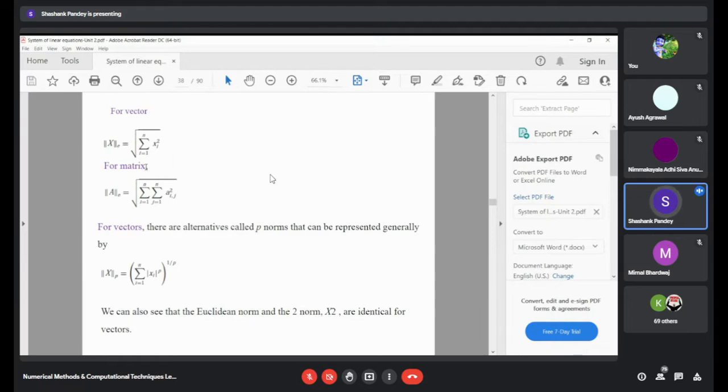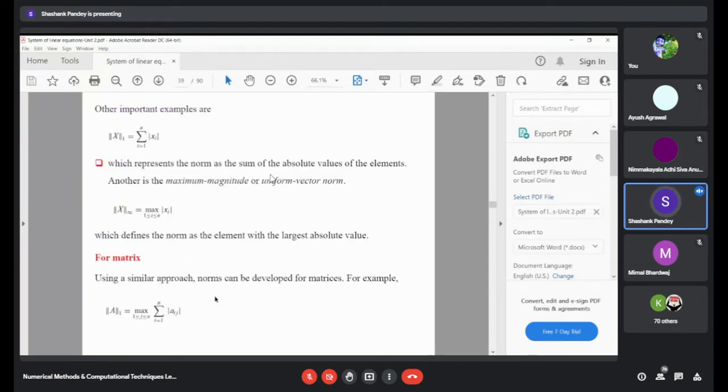Similarly, we can perform this exercise on a matrix: take all the coefficients a11, a21, a31, similarly a12 and all the coefficients like this, square them and take the root. For vectors, there is an alternative called the p norm, but we are not dealing with vectors.